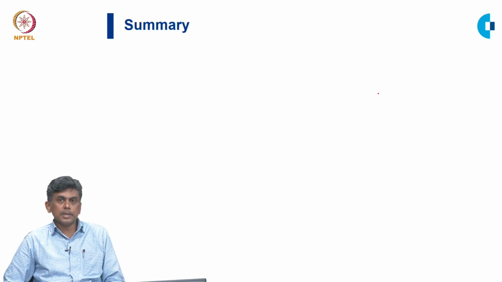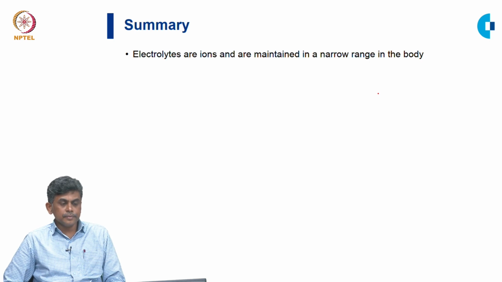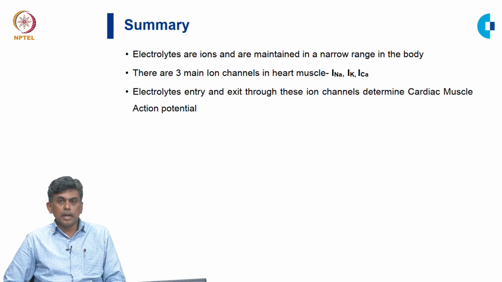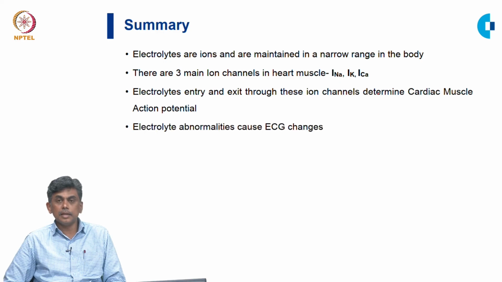Now to summarize the discussion we had, electrolytes are ions and they are all maintained in a very narrow range in the body. There are three main ion channels in the heart muscle which we know: sodium, calcium and potassium. Electrolytes move in and out of these ion channels and they determine the cardiac muscle action potential.